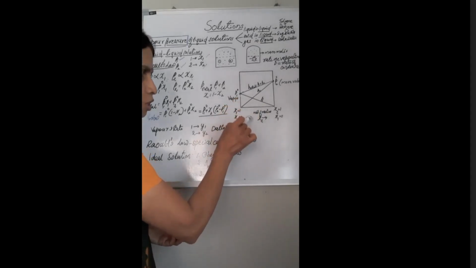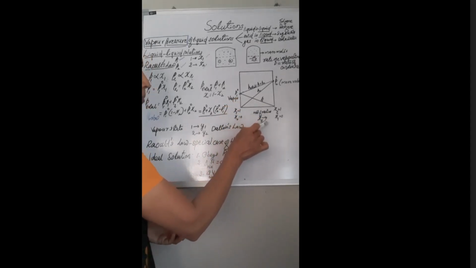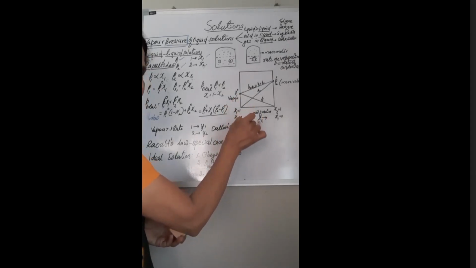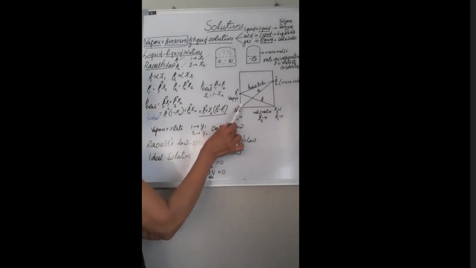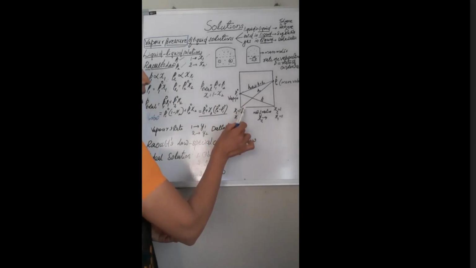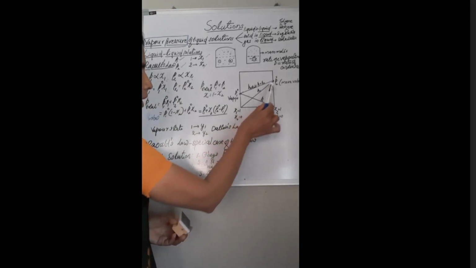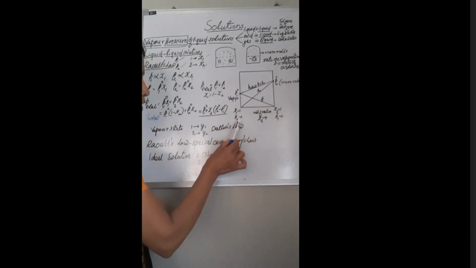And according to Raoult's law, partial vapor pressure of a component is directly proportional to its mole fraction in the solution, that is P1 is directly proportional to x1. So we get a straight line passing through the origin. This is for component 2. Here the mole fraction of component 2 is 0.